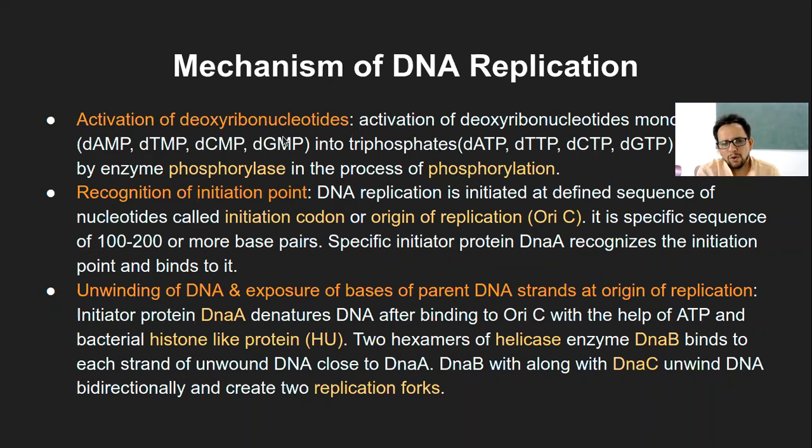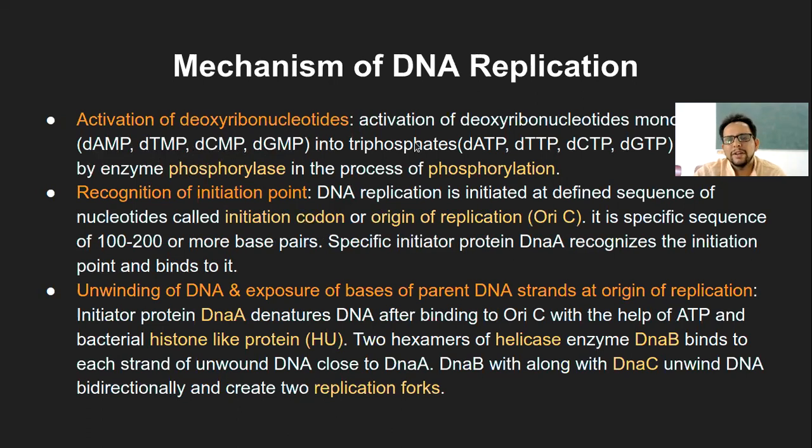deoxyribonucleotide monophosphates. We have seen this in the earlier classes: deoxyadenosine monophosphate, deoxythymidine monophosphate, deoxycytidine monophosphate, and deoxyguanosine monophosphate. These are the four deoxyribonucleotide monophosphates which are present.